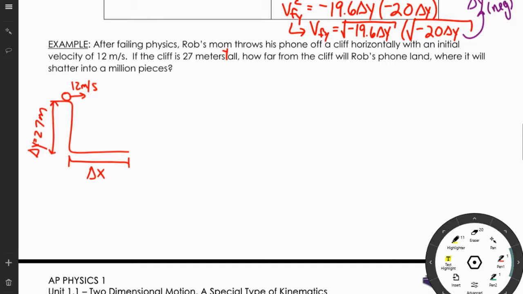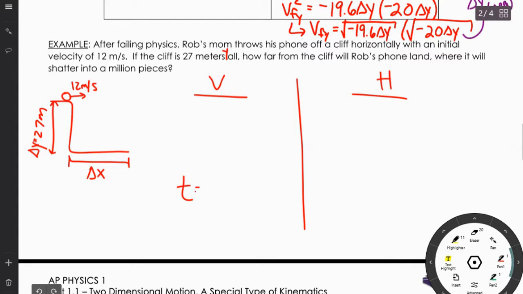So what I'm going to do is split my paper into two columns, vertical and horizontal. My goal is to get time on the vertical side, because then that answer becomes the time on my horizontal side. As I mentioned, you're going to use this equation, delta y equals negative 4.9t squared, to solve for time.